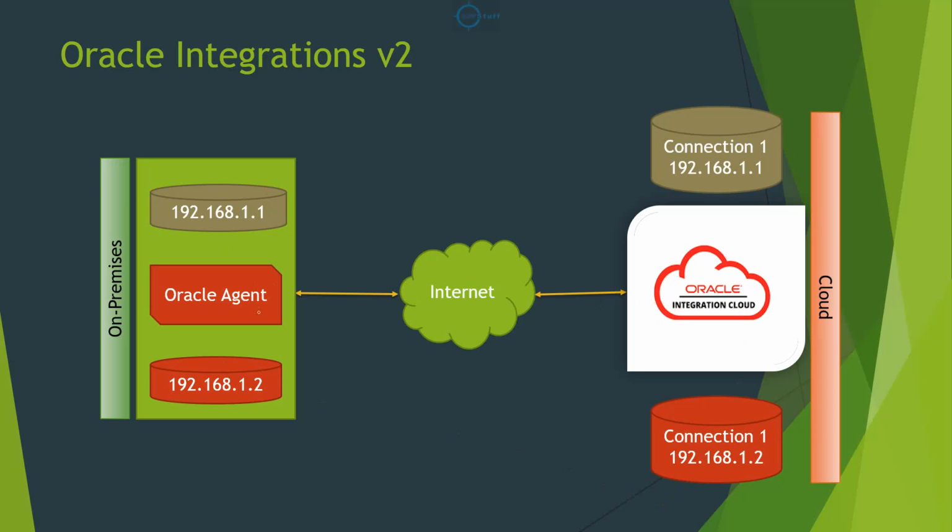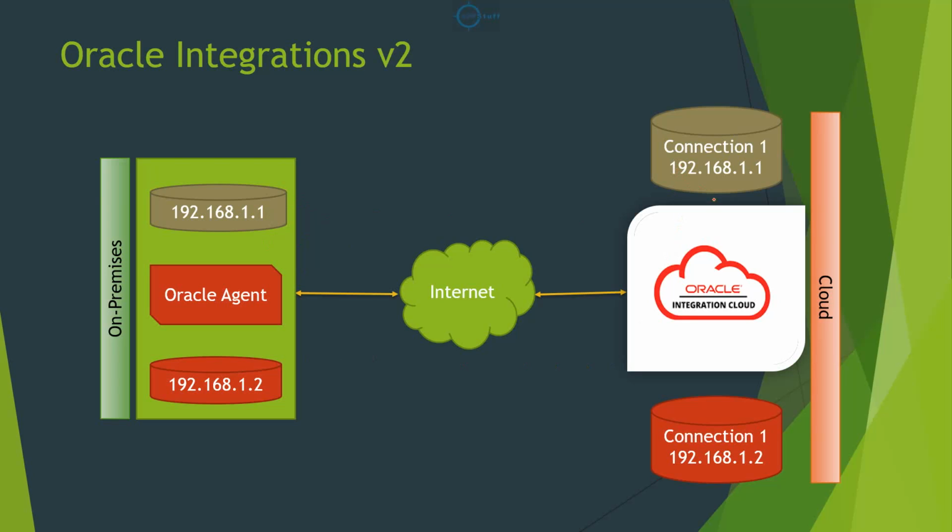Now when you have the agent running and it is connected to your OIC account, you will be able to configure your connection using this IP. That means OIC will be like in your local network, so you will be able to access these IPs like you are accessing locally. So the connectivity will become very easy.